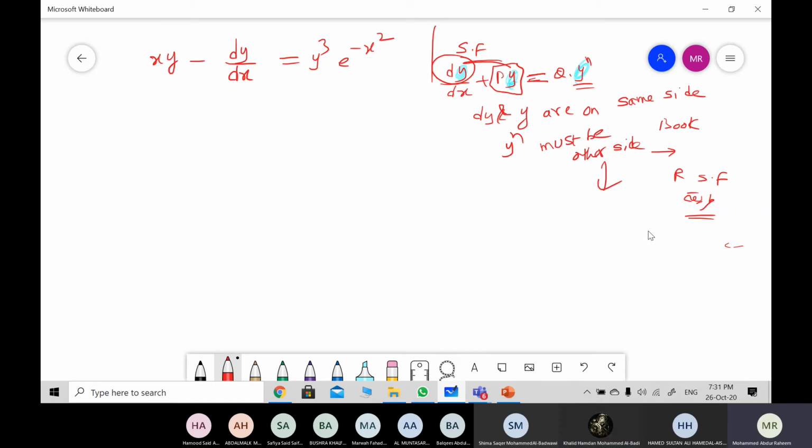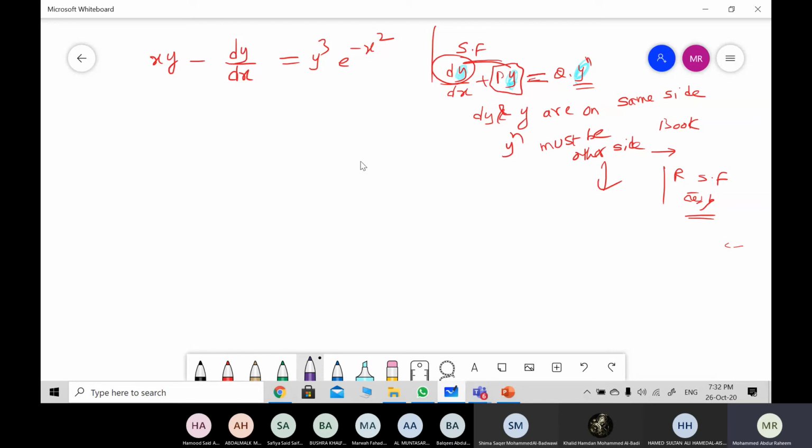Like this we need to decide the things of the observation. That's very important. Otherwise not possible.